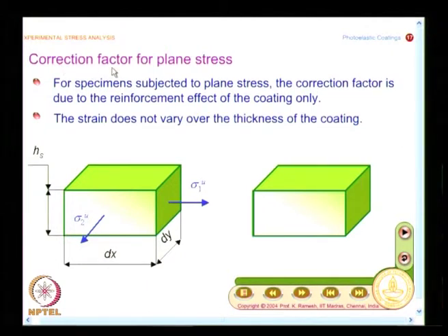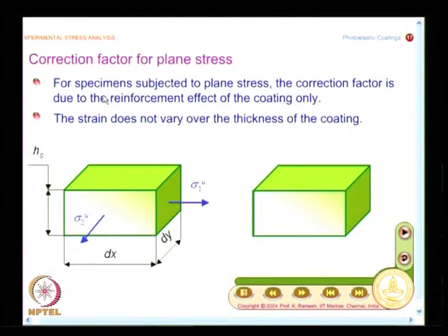This will really establish the basic procedure to evaluate the correction factor, and the credit goes to Zandman and his co-workers. He really established the advancements of photoelastic coatings, and for specimens subjected to plane stress, the correction factor is due to the reinforcement effect of the coating only. The strains do not vary over the thickness of the coating.